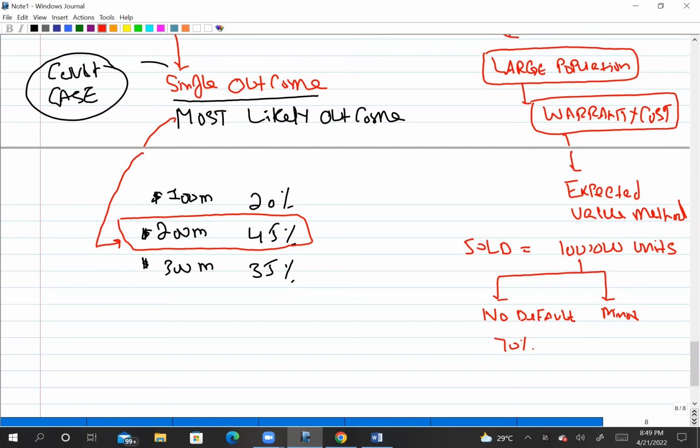There will be minor defaults; chances are 20%. And there will be major defaults; chances are 10%.